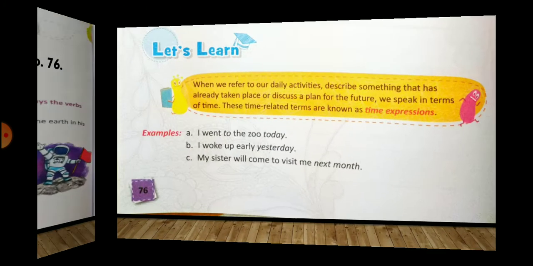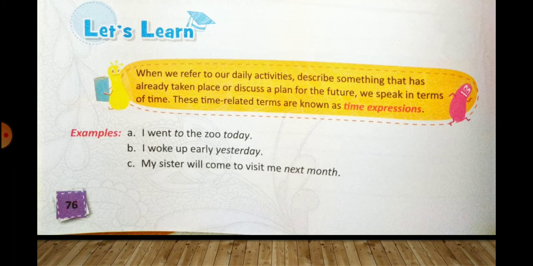Now, here is something which you need to know by heart. So let's learn. This is very important for you to understand. When we talk about our day-to-day activities, or describe something that has already taken place, or discuss a plan for the future, we speak in terms of time. So we represent time whenever we are trying to speak about any action.